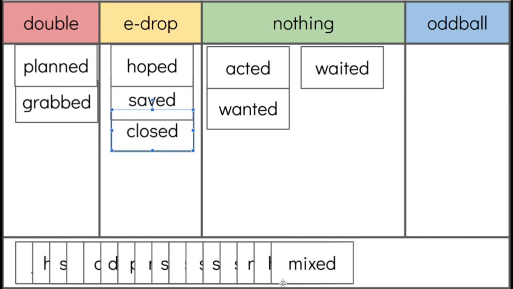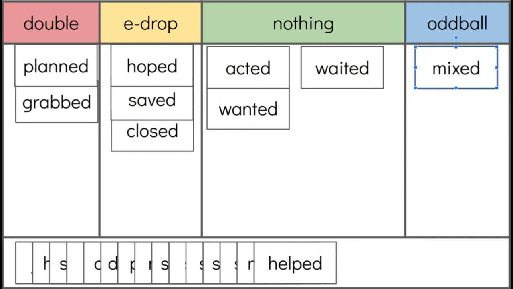Mixed. Now this looks like it is a CVC word, M-I-X, but we talked about this one and said that the rule here is we never change anything when we end in an X. We just add the ED there, and that goes for ing endings as well.